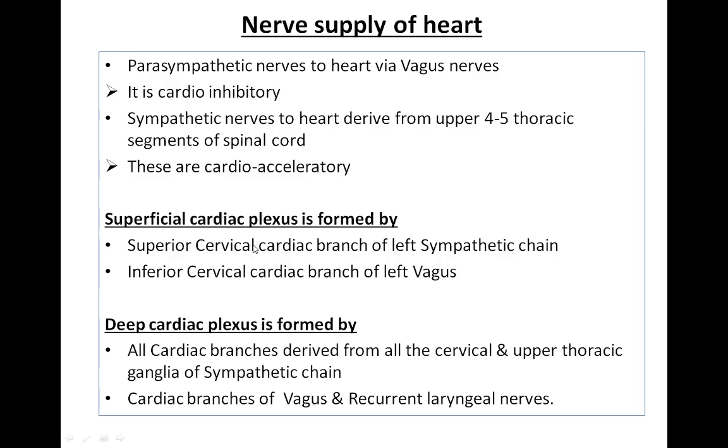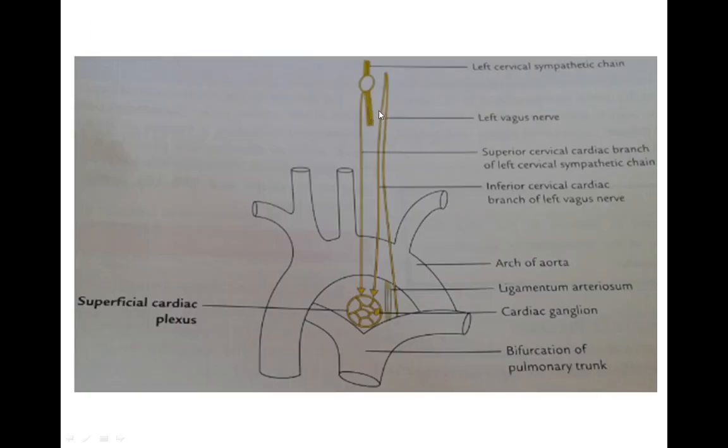So the superior cervical cardiac branch of the left sympathetic chain. This is our vagus. This is our superior cervical cardiac branch of the left cervical sympathetic trunk.